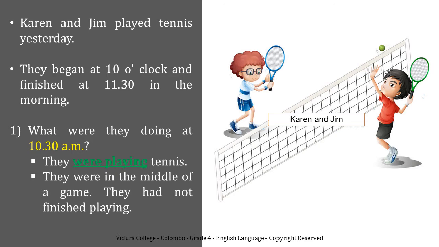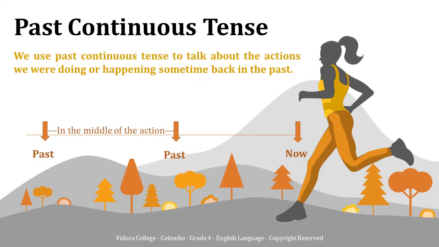So what is the tense we used to talk about the actions we were doing or happening sometimes back in the past? Yes, we use past continuous tense to talk about actions we were doing in the past. As an example, they were playing tennis.